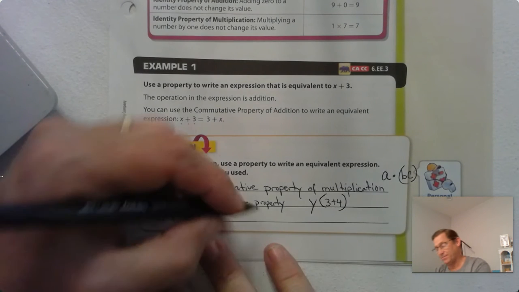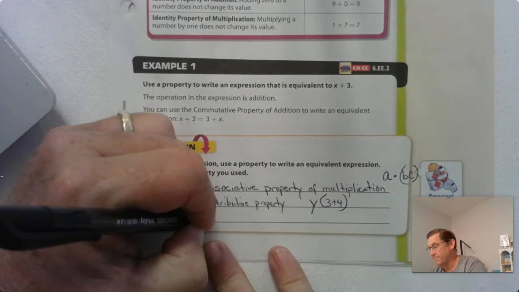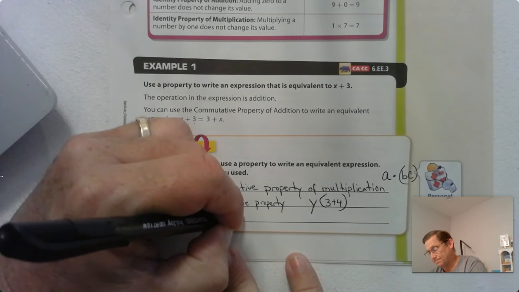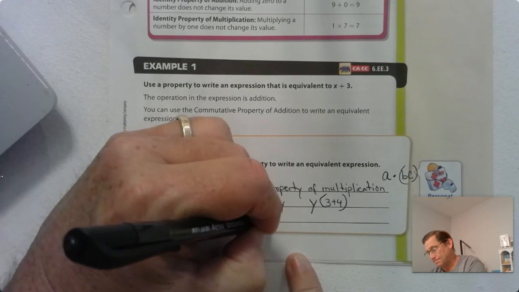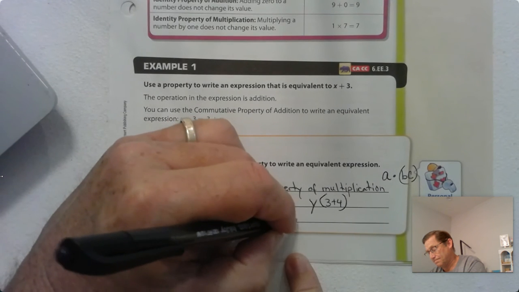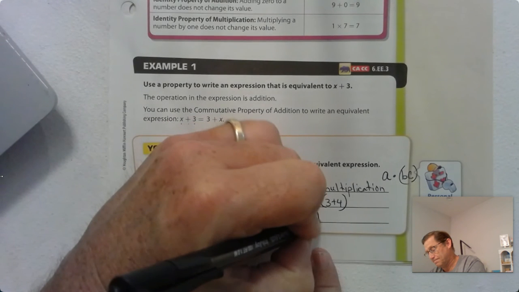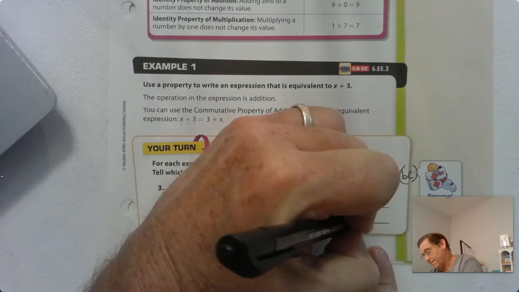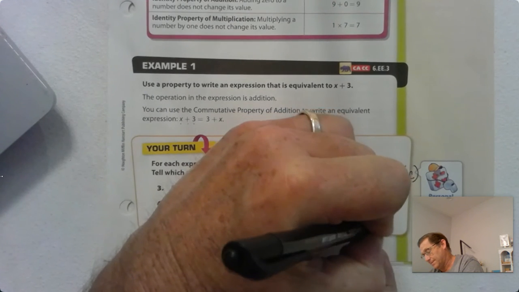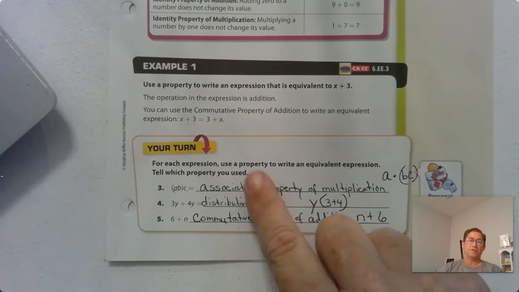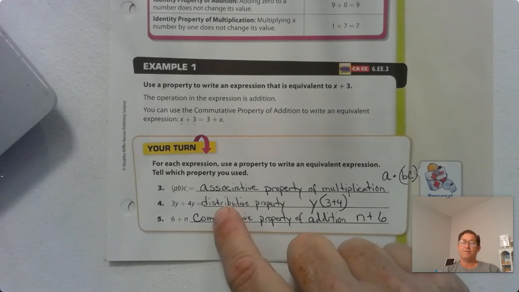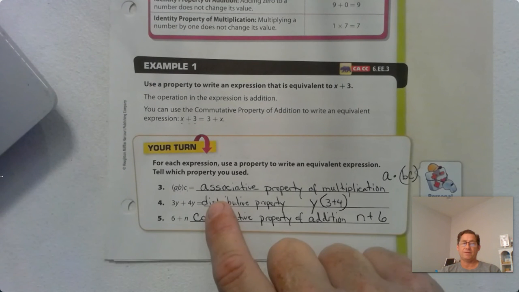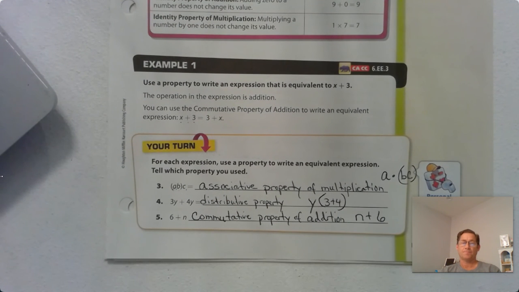Six plus n. Well, let's just use the commutative property of addition. And we'd have n plus 6. Okay. Could you have used the commutative property here? Yeah. We could have just said that 3y plus 4y is the same as 4y plus 3y. Okay.